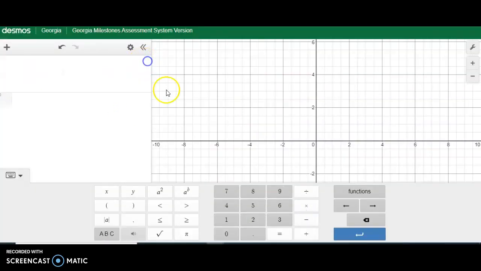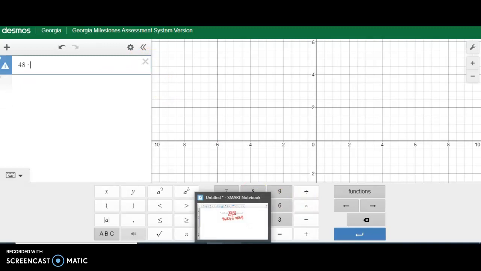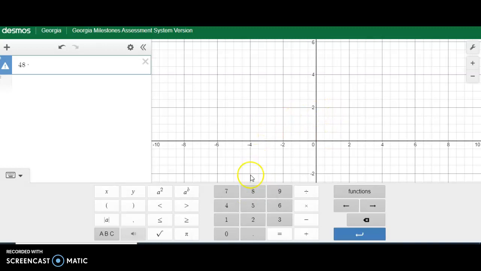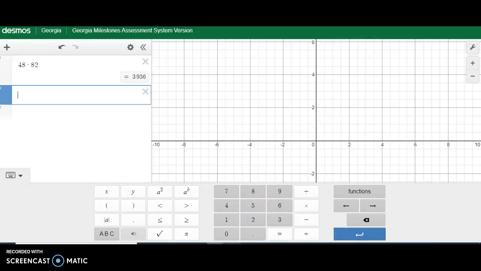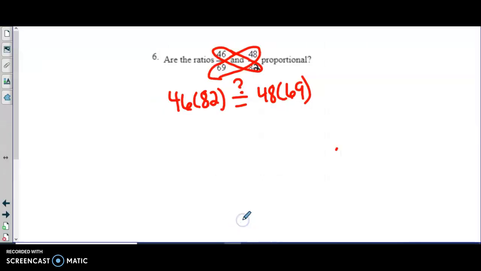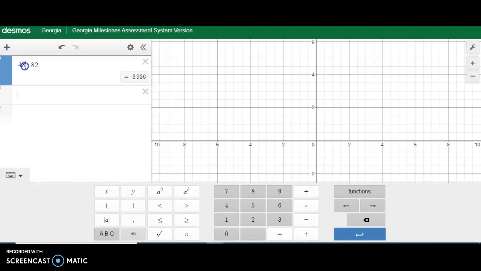So let's do 48 times, what was that? 82? I'm just going to hit enter, and then I'm going to type in the next one, which was, oh man, that was 46 times 82. Let me go back and fix that. 46 times 82.